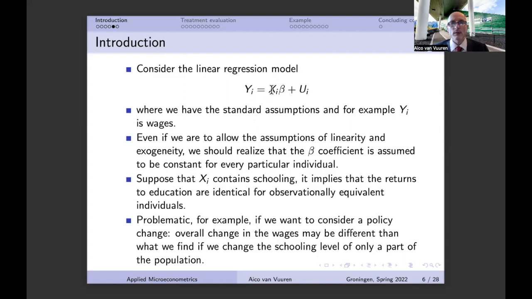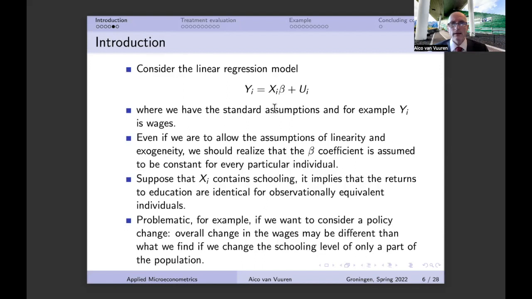Well, apart from the fact that we generally have to assume that x and u are uncorrelated with each other, at the moment that we would like to estimate this with standard ordinary least squares, another thing that you should realize is that the model itself already is an assumption as well. That means, of course, that we have this assumption here of linearity, but you should take into account that there's also another very important assumption that usually is not made that clear during many econometrics classes.